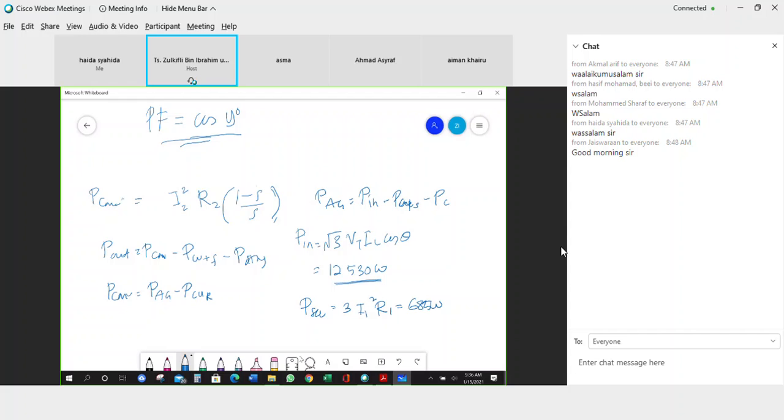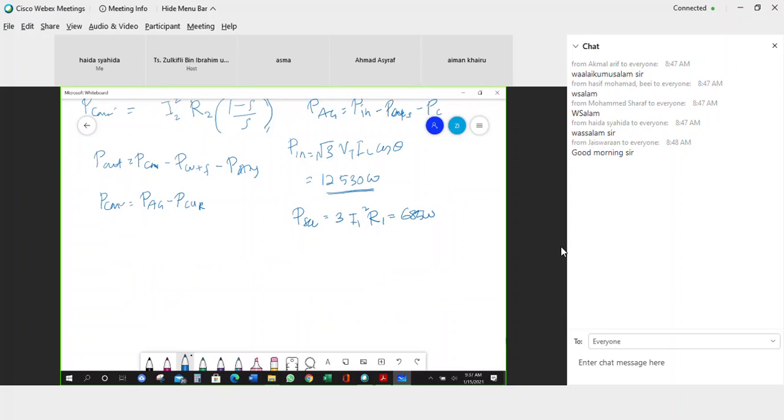The copper losses dia dah lump into... this is the core kat mana? The core losses dia dah lump together into the... okay, copper losses, what is I get?